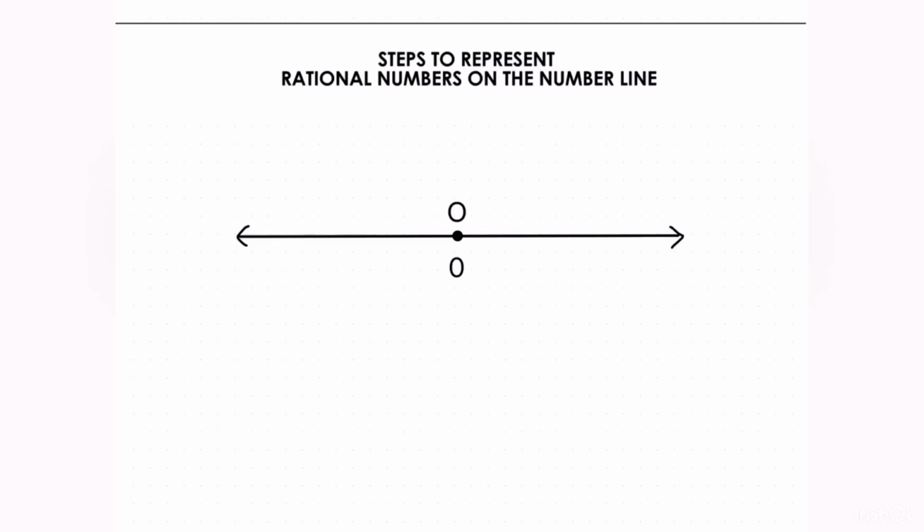Starting from 0, mark points on this line at equal distances both on right and on left of 0, and then label the points 1, 2, 3, -1, -2, -3.